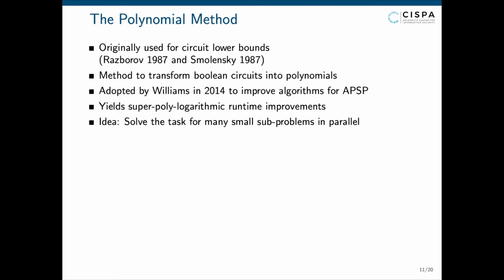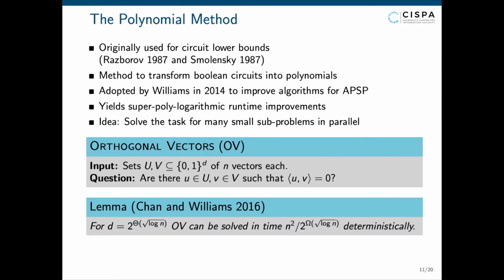super polylogarithmic runtime improvement. And the main idea is to solve the task on many subproblems in parallel by using fast matrix multiplication and this polynomial method. So this polynomial method can not only be applied to APSP, but also to other problems. And here we use the so-called orthogonal vectors problem.